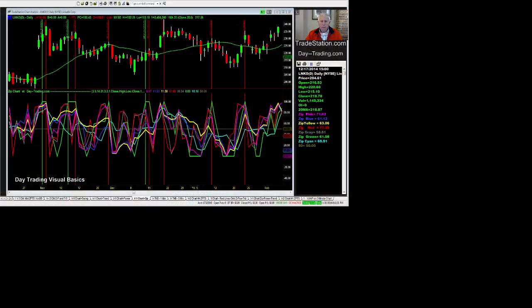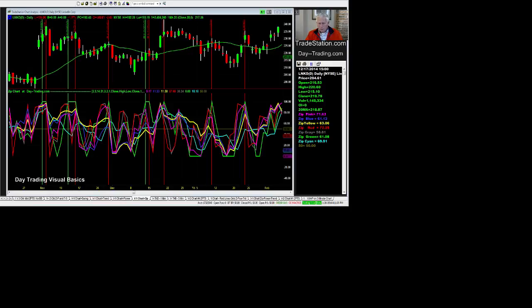I'm going to switch over to the video and to the chart, I mean. The red vertical lines are the point at which the zip green is at 100, and if you have a green line in front of it, it's where the zip green started out at 100, and the red line shows where the zip green leaves the 100 value.